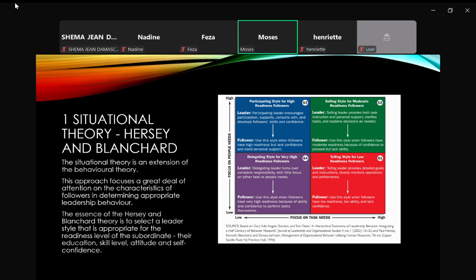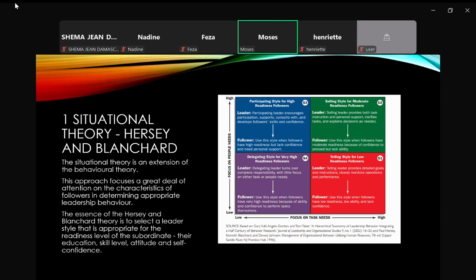Stage number 1 is S1, which is the telling style. Stage number 2 is selling style. Style number 3 is participating style, and the last one is delegating style. From S1 to S4, those stages change depending on followers, and this model is mainly about followers, that a leader must adjust their approach in relation to the characteristics of the followers.